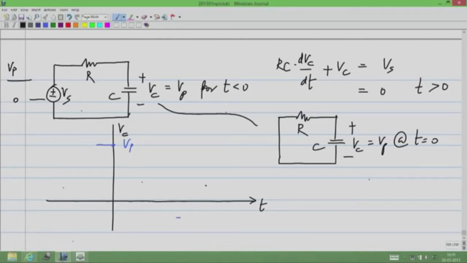Now what will be the current through the capacitor? Let's say I call this IC, and because Vs equals 0 I have shown it as a short circuit. If the capacitor current is flowing like this, I have used the passive sign convention. What is the current IC?